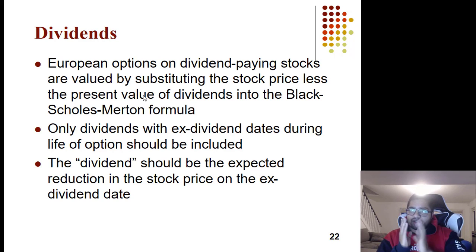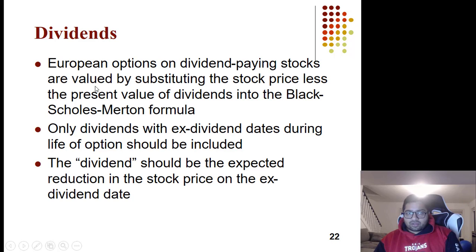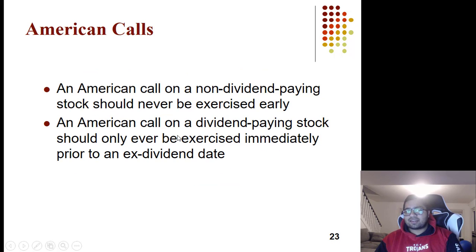Whatever is the present value of dividends during the option's life, deduct it from the stock price S0. Only dividends with ex-dividend dates during the life of the option should be included. The dividend should be the expected reduction in stock price on the ex-dividend date.